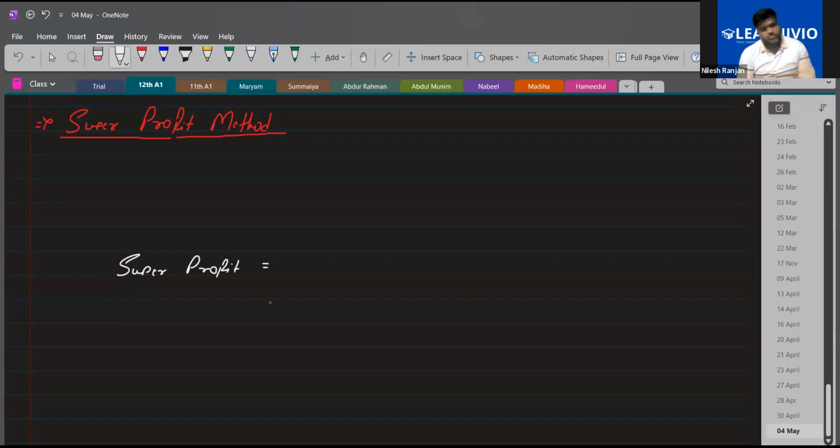Average profit we have used for calculation of goodwill, but in my opinion, average profit is not a good method to calculate goodwill. It is the super profit method or the capitalization method. The super profit method will tell you that the profit you have earned is more than other business persons are earning. This is your value of fame. If you are earning 30,000 per month and some other business person is also earning 30,000 per month, then that is not goodwill.